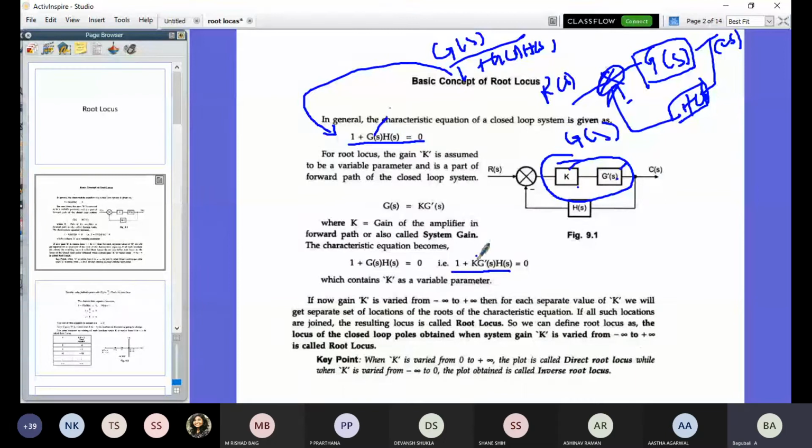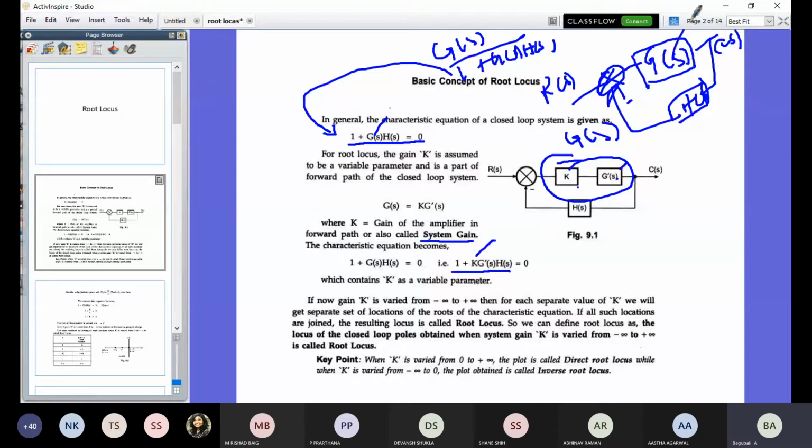Here K is called the variable parameter. What is K? K is called the forward path gain, or the gain of the amplifier in the forward path, or some people call it the system gain. Any doubt in that?